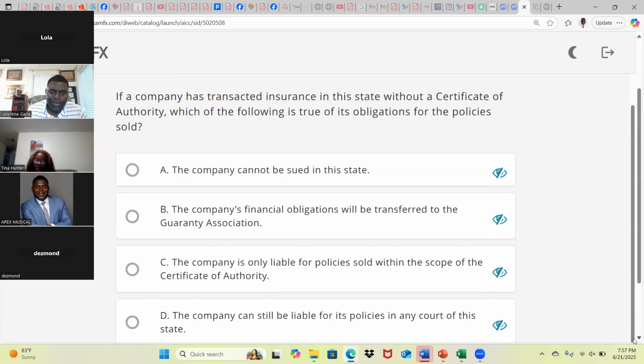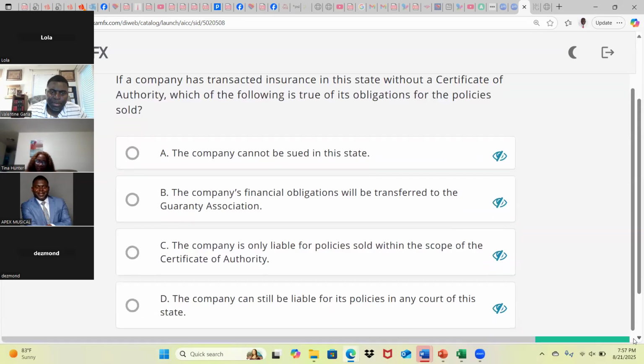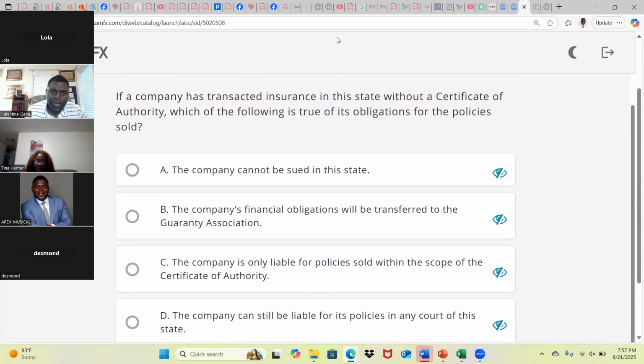It's D. I think from the explanation you gave us earlier, even if companies are not certified, they are still liable for any policy they issue. That's D. C is saying it's only liable within the scope of the certificate of authority.